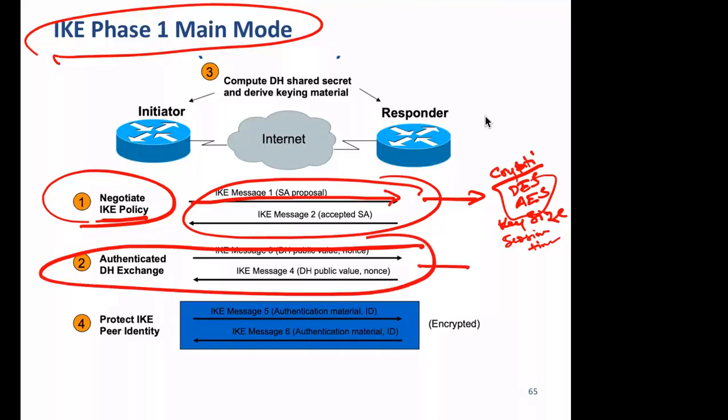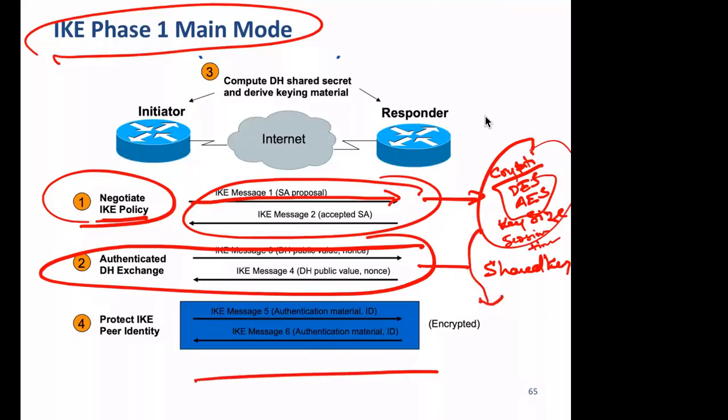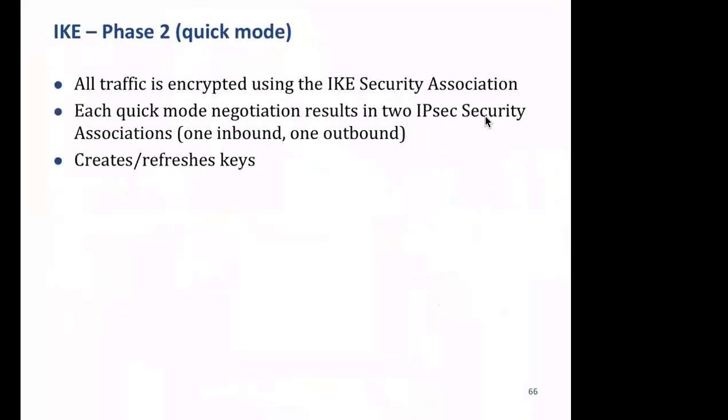After that, a shared key is available, and then using the shared key and the understanding we have reached about the crypto algorithm, etc., a secure channel can be established. Of course, there is a phase of authentication here. So that is a part of phase one.